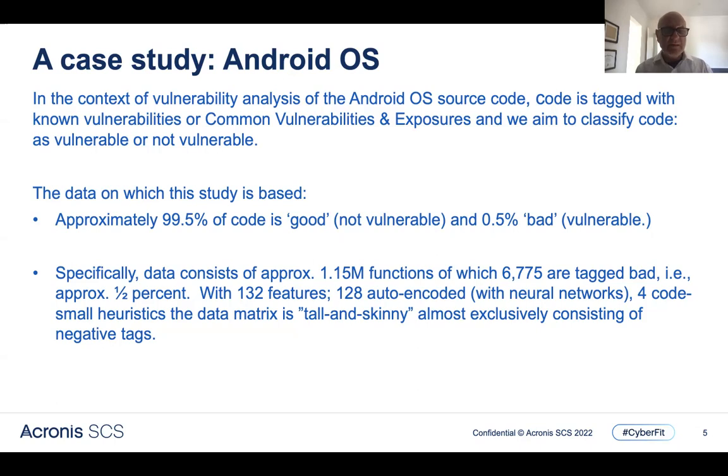Not going to go into that, but a totality of 132 features. So if you think of it, we have 1.15 million records, and each record has 132 features plus an appended tag, good or bad, based on whether or not the function is a known CVE.